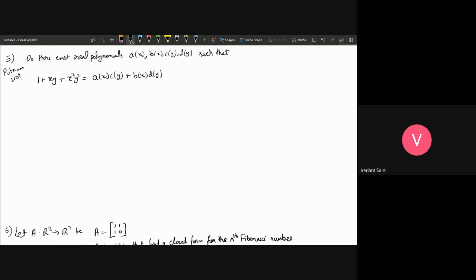You multiply and add something. I think that because if you put y equals 0, then C of 0 is a constant, D of 0 is a constant. So 1 equals A of x times a constant plus B of x times a constant for all x, which means it's an identity.